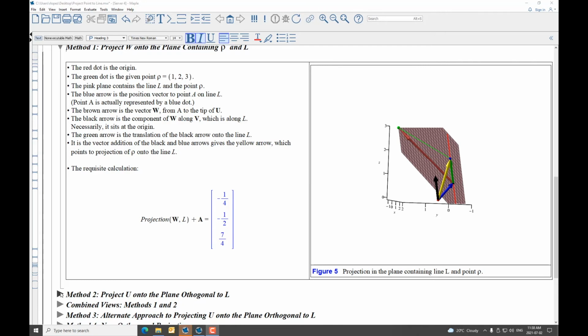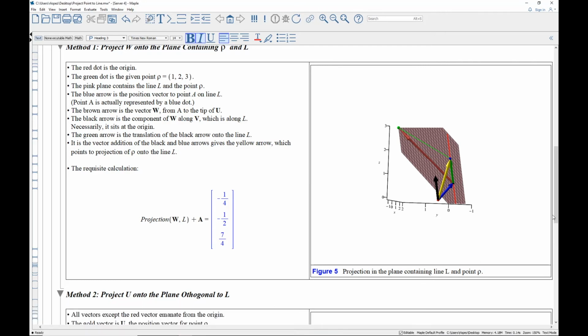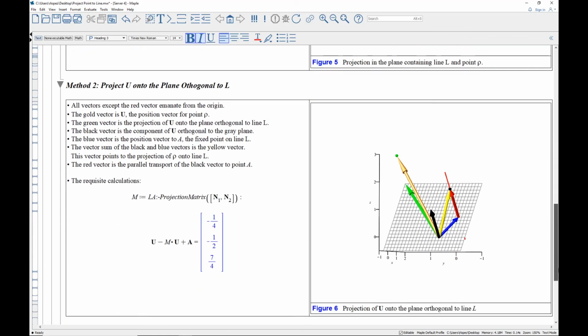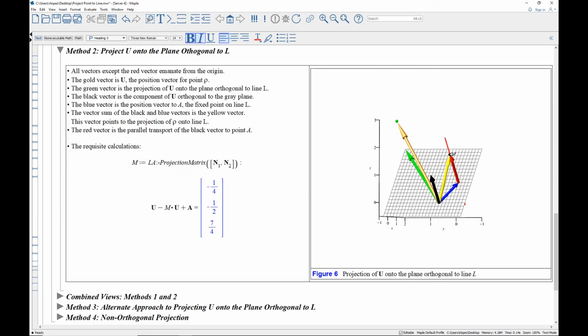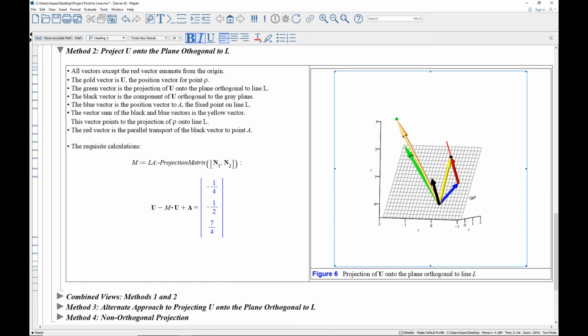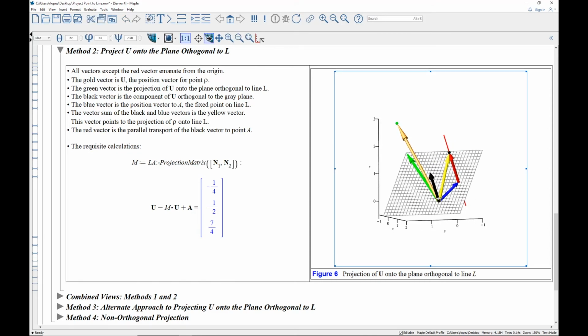Second method is to project U onto the plane orthogonal to the line L. Okay, here's a picture, figure 6. Here's the line L. This is the origin down here. The goal vector is the position vector to the point rho that we want to project. This gray thing here is the plane orthogonal to the line L, and it's spanned by the two normal vectors, which are not shown.